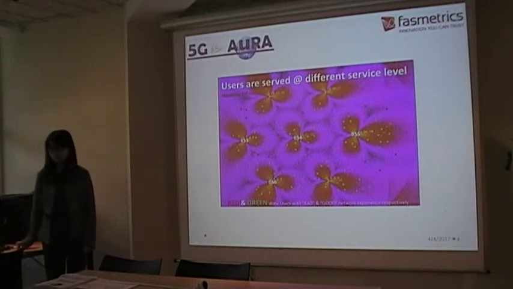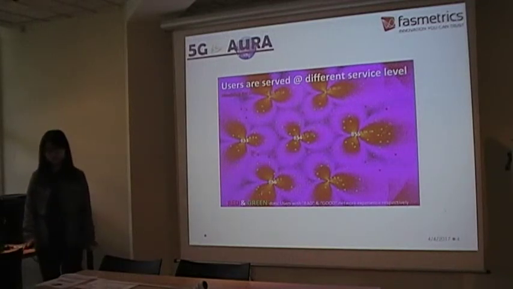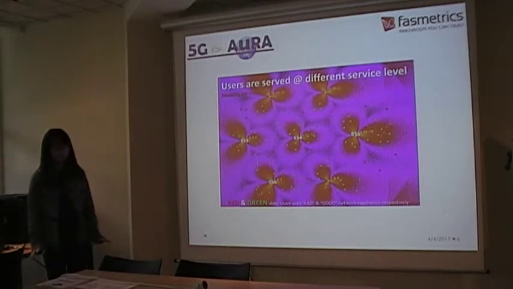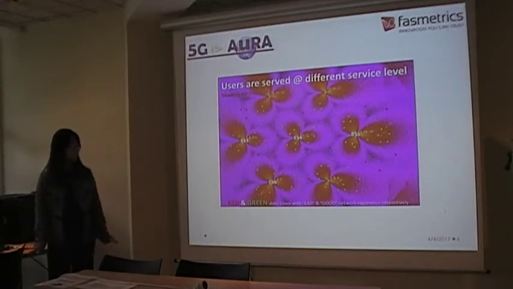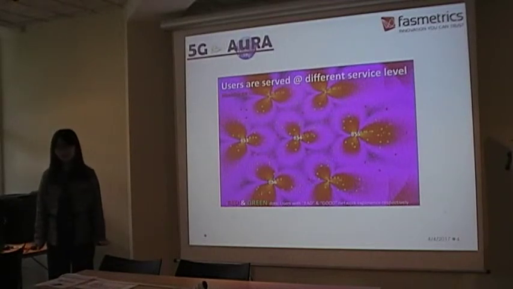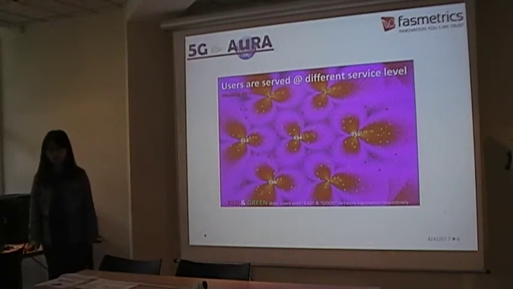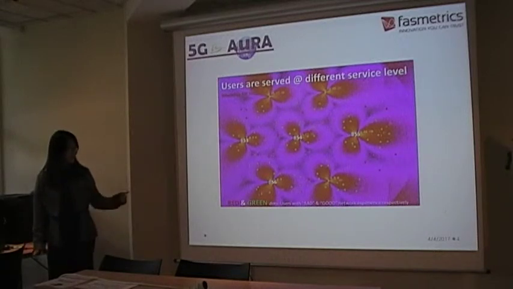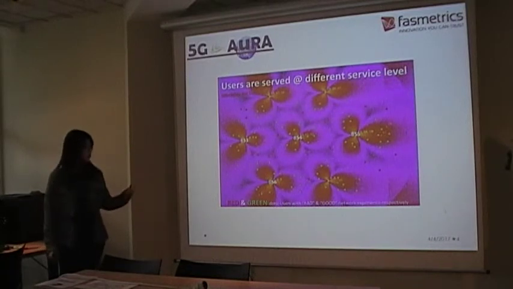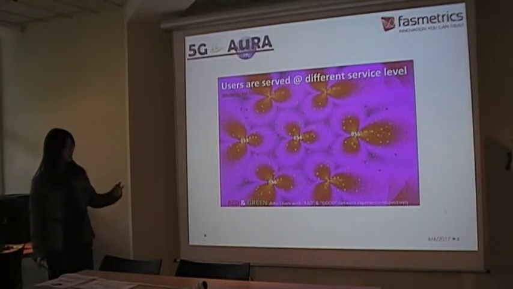However, in most situations, users are not evenly distributed in the system. As you can see from this weekday busy hour snapshot, users can be served at different service levels. So some users can get good network performance, which is represented by the green dots here, while other users get bad network performance, which is represented by red dots here.